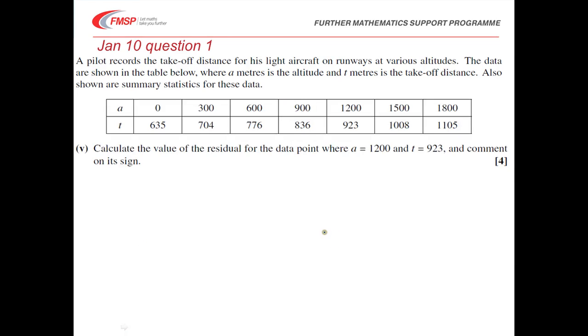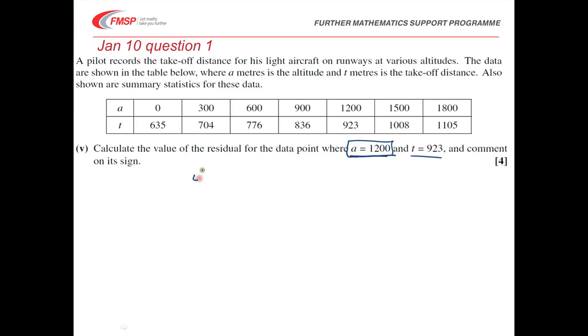So here, a pilot records takeoff distance, same question, we've got the data now, and the model has been used to create this point. Okay, sorry, that's the point given, and we've got to work out the residual for the data point. So we use the value of A here in the model to get what we call the predicted value.